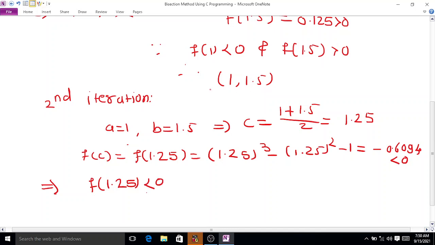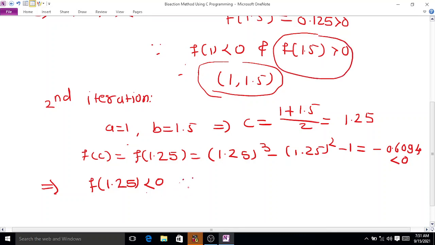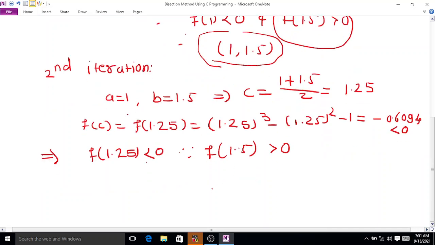Now, from the previous interval, f(1.5) is greater than 0. Since f(1.5) is greater than 0, the root lies between 1.25 and 1.5.